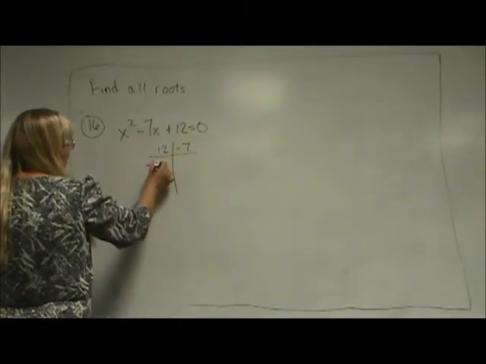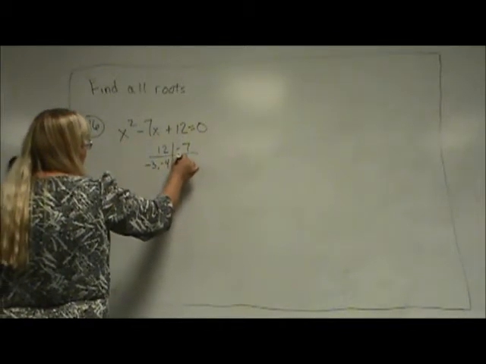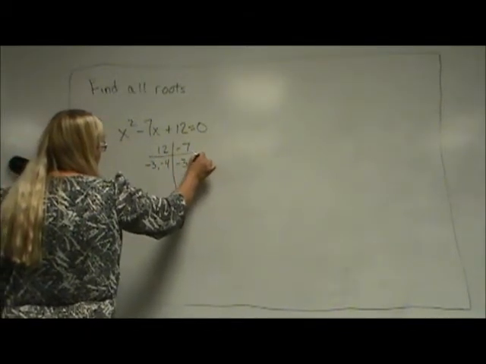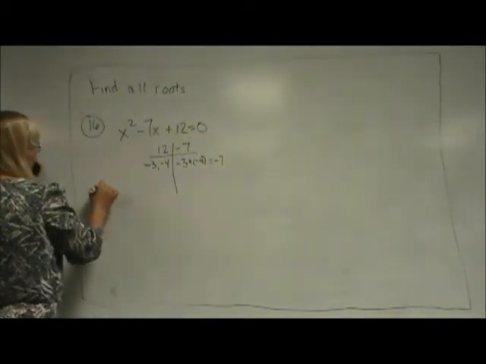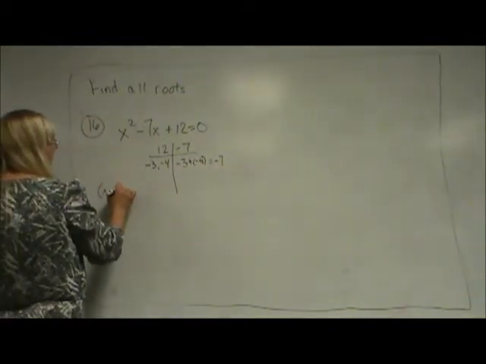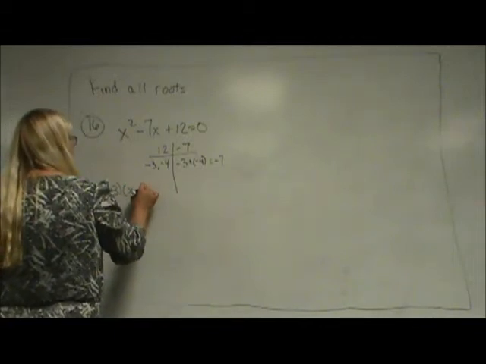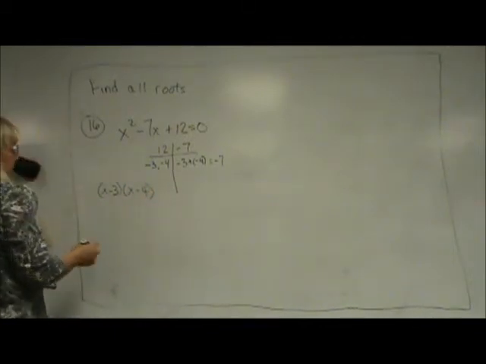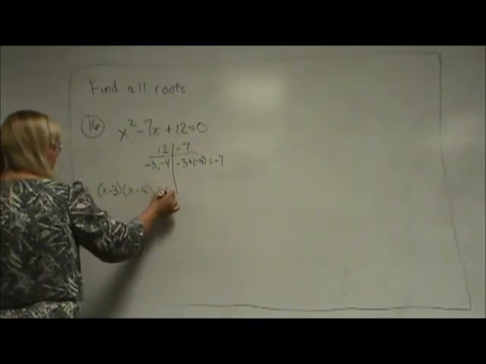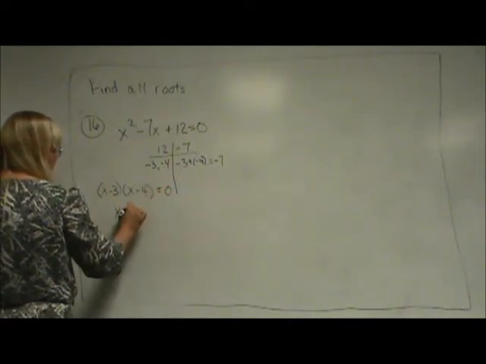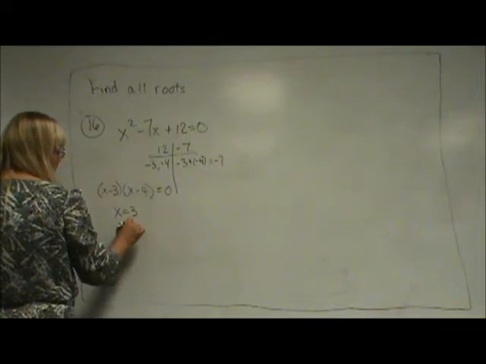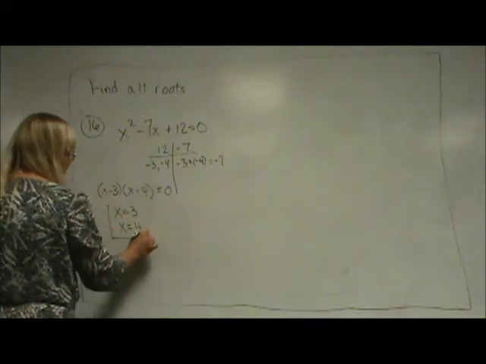So if I take a negative 3 and a negative 4, that will give me my negative 7. So I have x minus 3 times x minus 4. Since I'm solving, this is equal to 0, I can switch the signs, and those will be my solutions.